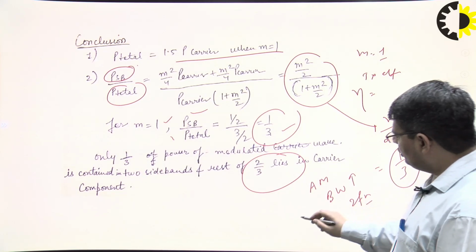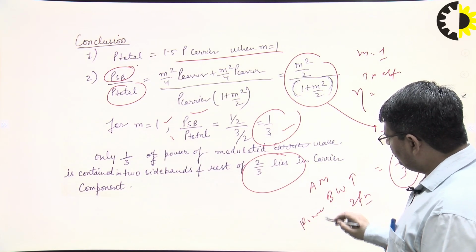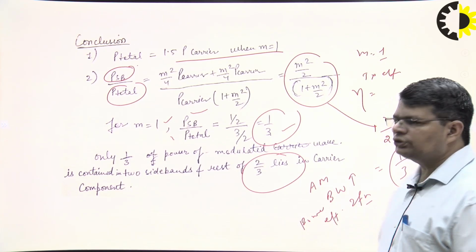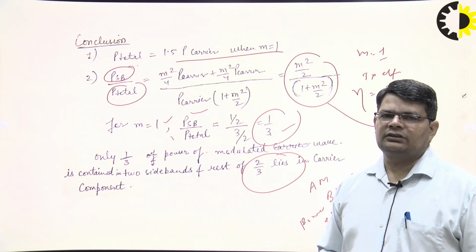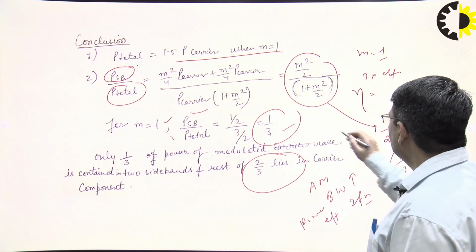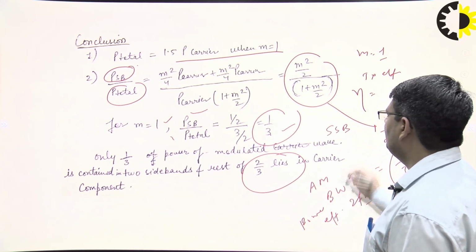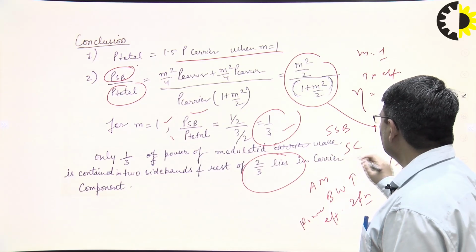It is also not power efficient because most of the power is contained in the carrier. That's why we use single sideband modulation, and we also suppress the carrier.